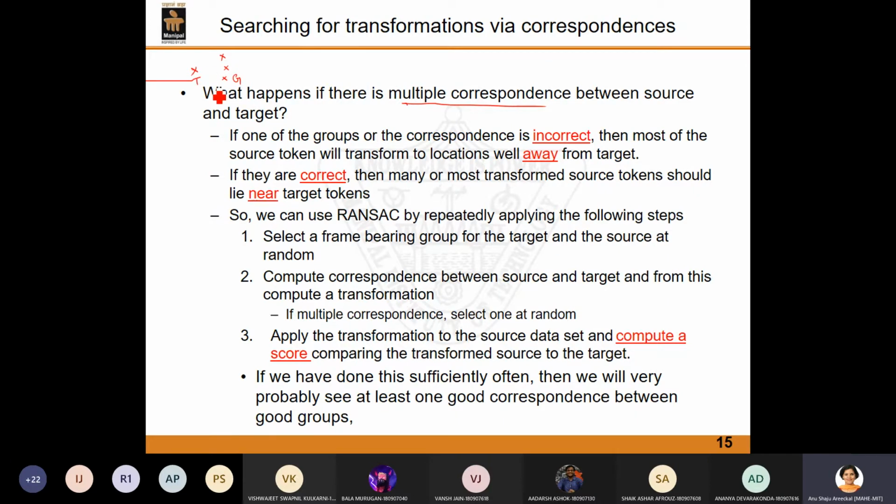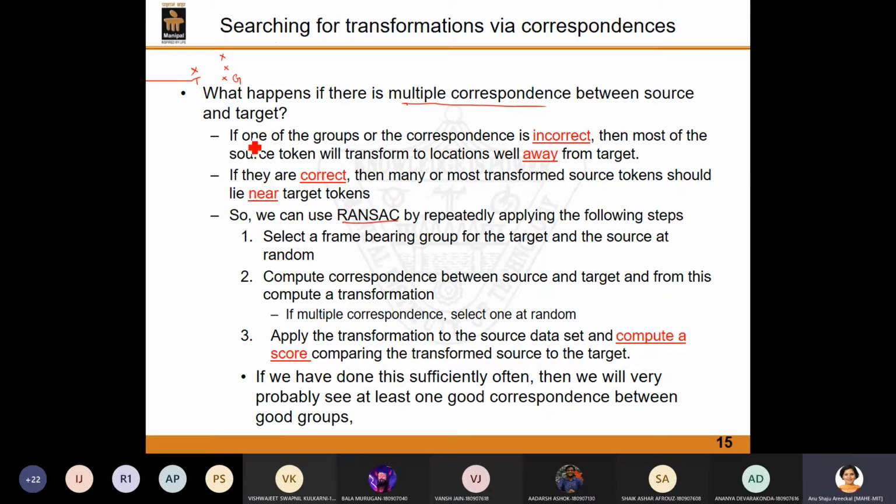To find this, an approach that can be followed is to use a RANSAC-like algorithm. RANSAC, if you remember, is basically used to identify the outliers. It randomly chooses a few points and then tries to calculate the error function.